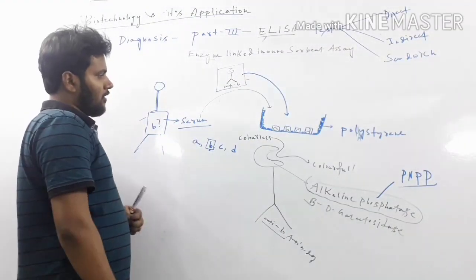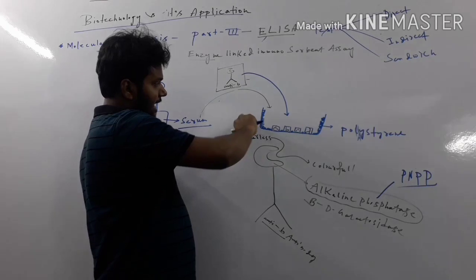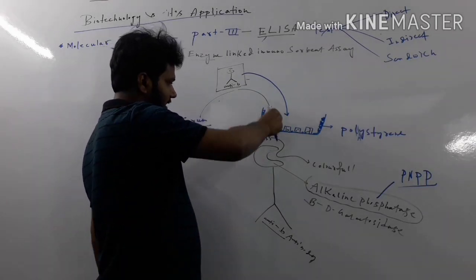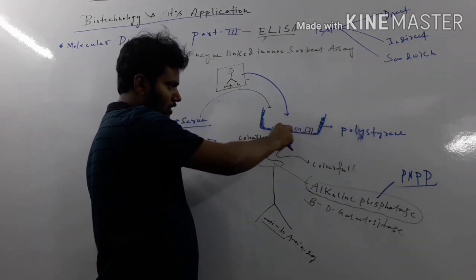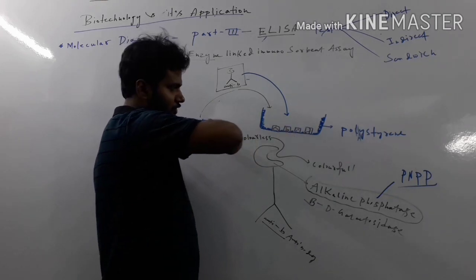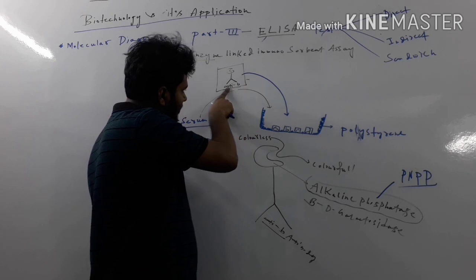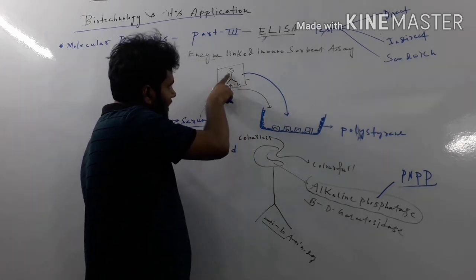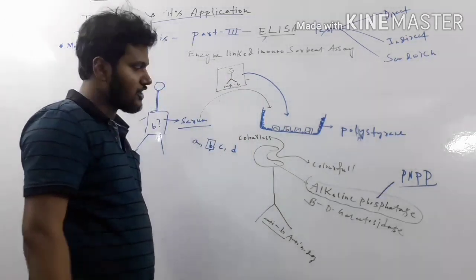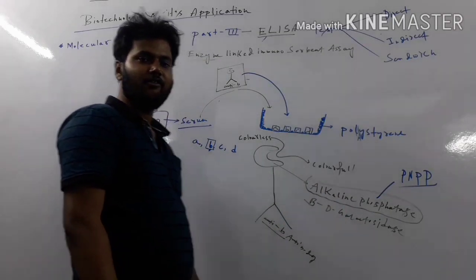So what have we already done? We have deposited that serum into the plate. We have blocked all the surfaces. We have washed it out. Now we are adding this reagent containing anti-B antibody linked with an enzyme, for example alkaline phosphatase.